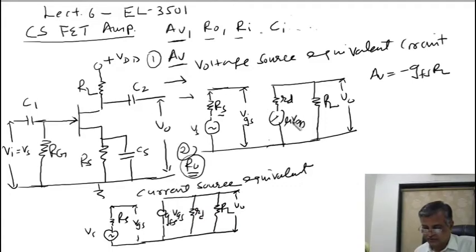For a voltage source, RD should be in series with the source. Remember this. Now the resistance RO is nothing but the parallel combination of RD and RL, as these two are in parallel. This we have done in the last lecture.